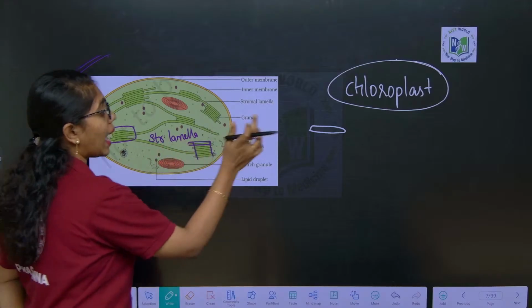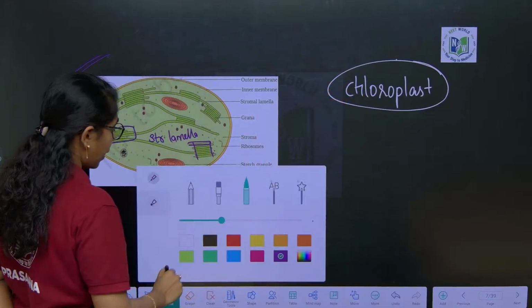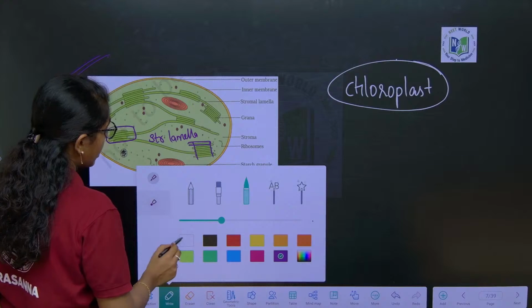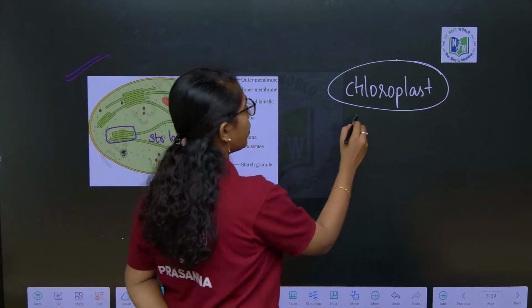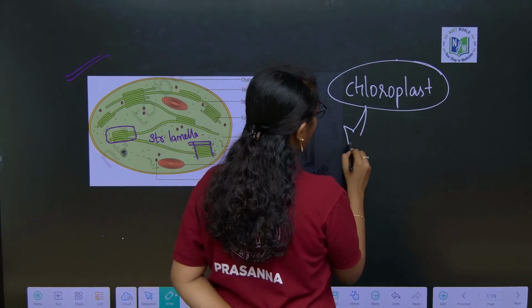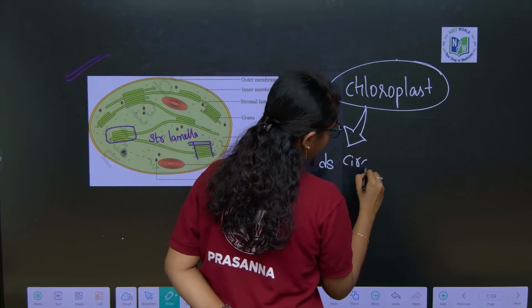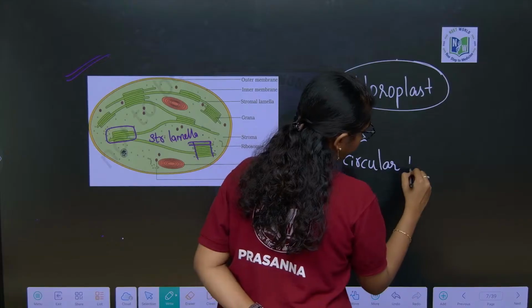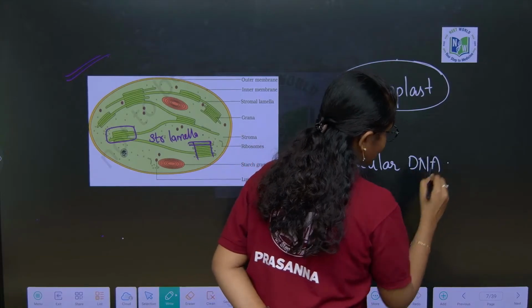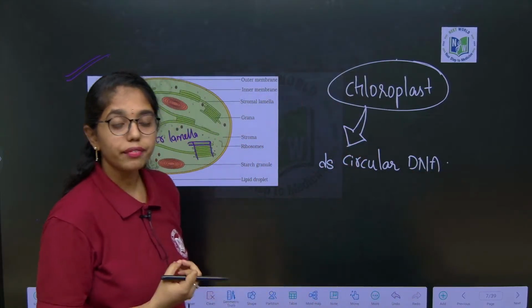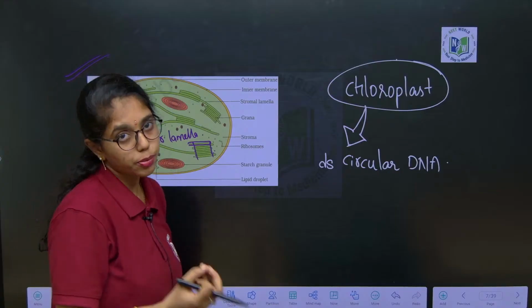And the chloroplast has a double stranded circular DNA. The ultimate goal of DNA, we all know, is to synthesize proteins, right?